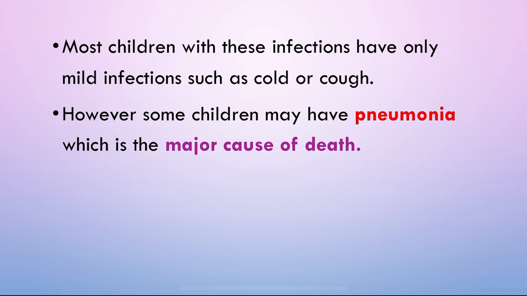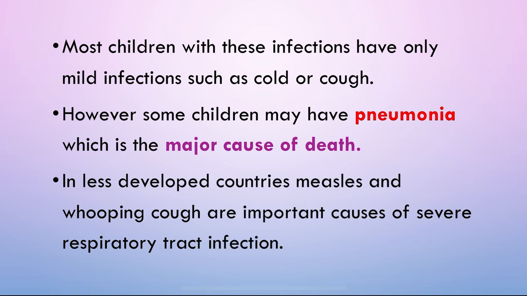Pneumonia is said to be one of the major causes of fatality, the rate being higher in newborns. In less developed countries, measles and whooping cough are also an important cause of severe respiratory tract infections.